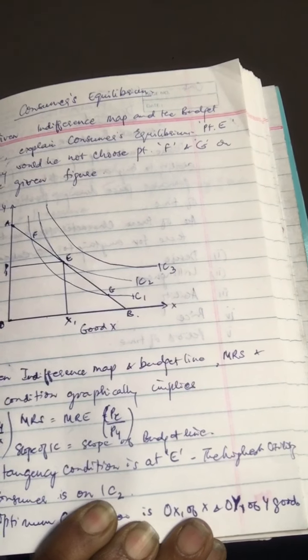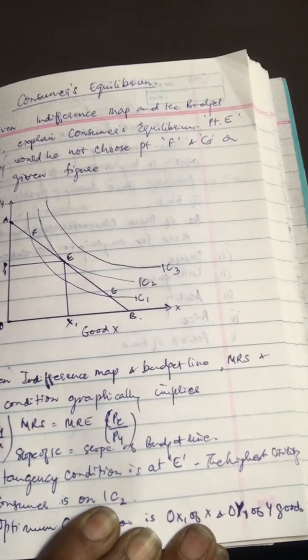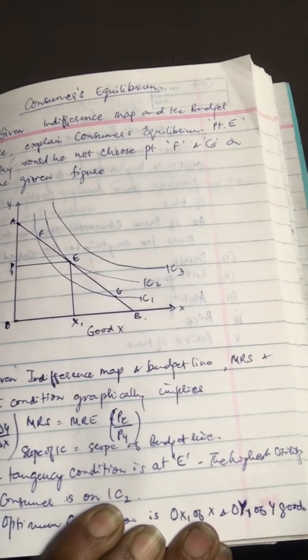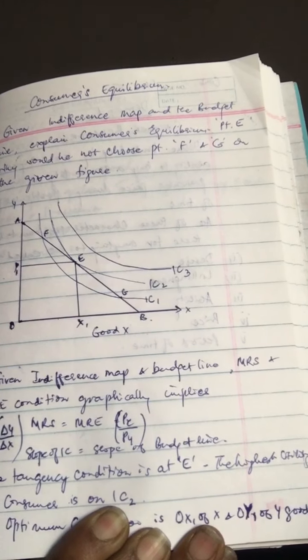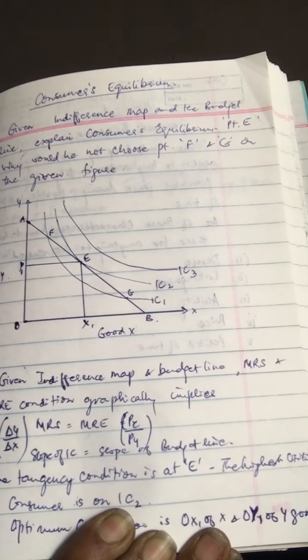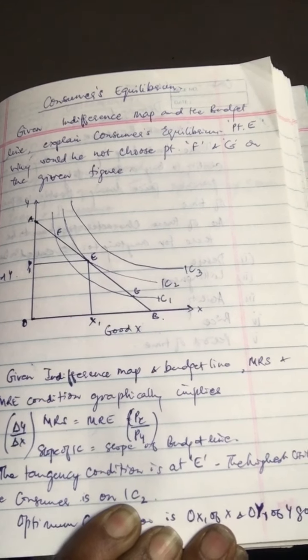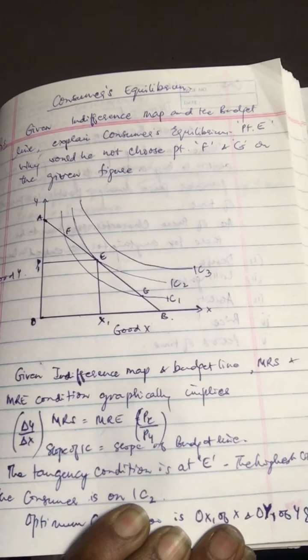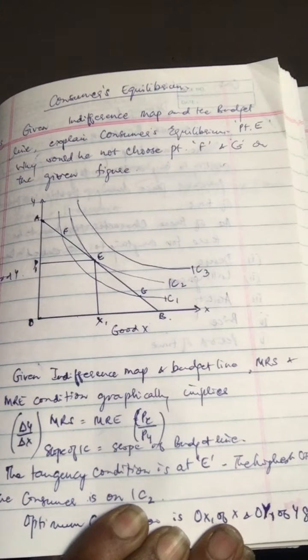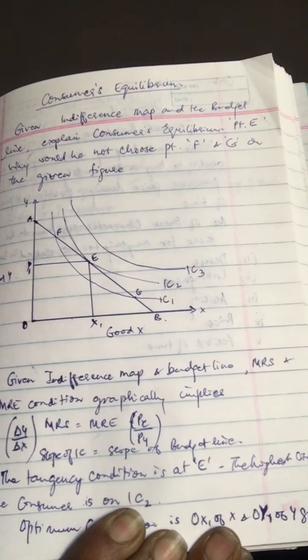It is how much of the Y commodity this consumer gives up for the X commodity. So in the figure we see the budget line AB, and the indifference curve that is tangent to it is indifference curve 2.